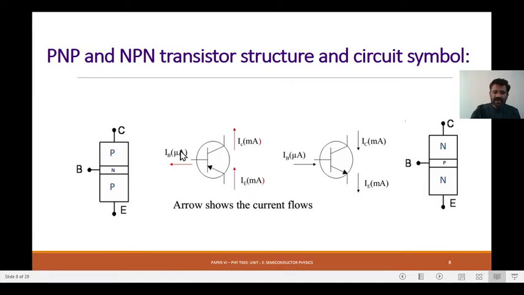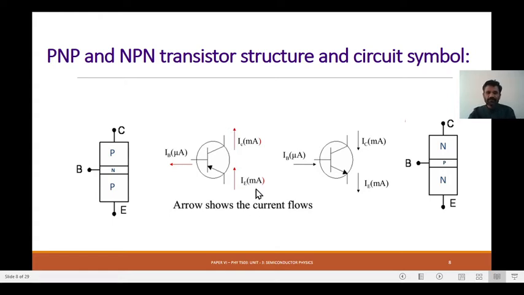So you see that across the base the current is denoted in microamperes, 10 power minus 6 ampere. A very, very small amount of current will flow through the base, still it acts like a controller of current. And this is the collector current. All the current from the emitter, it will get collected across here.